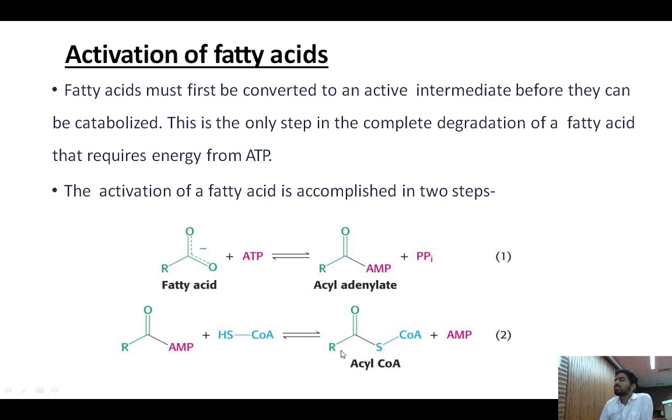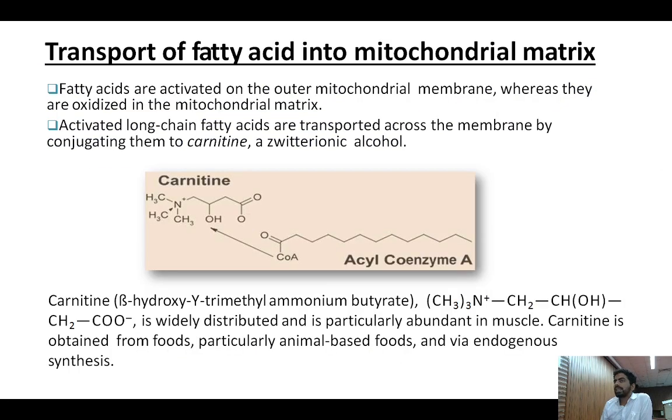So now acyl coenzyme A has formed, and only then can fatty acid oxidation happen. Now, this is important: fatty acid is formed in the cytosol. Where the fatty acid is activated, it is activated on the outer mitochondrial membrane. But the oxidation will happen in the mitochondrial matrix.